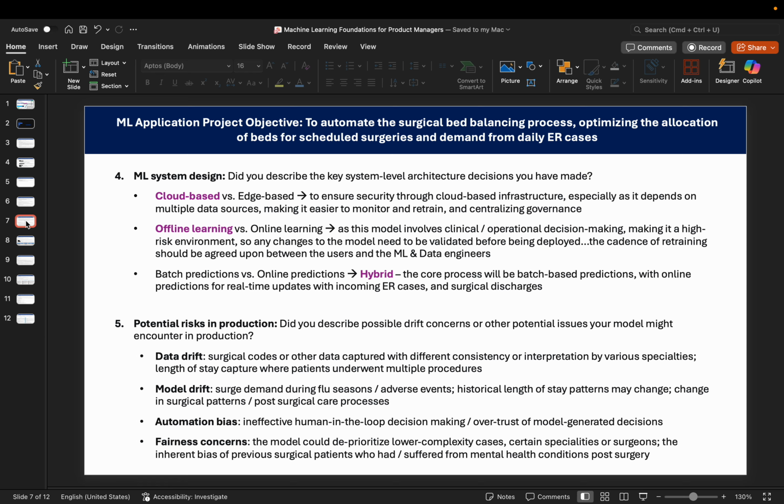The inherent bias of also previous surgical patients who had or suffered from mental health conditions post-surgery, which caused them to stay in bed longer or be transferred to different beds. That can also cause some fairness concerns because those patients could get deprioritized and would lead to bad clinical decision making and patient outcomes.